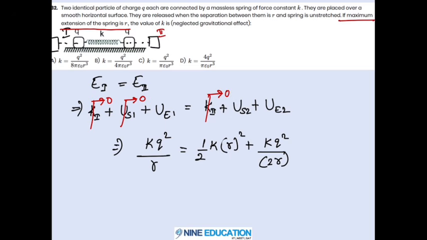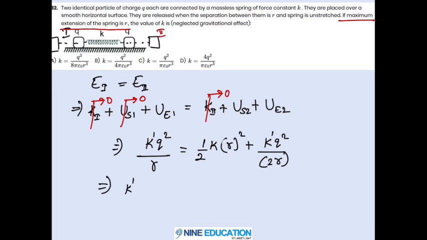So solve this, and you may be getting confused between the k's. These are not the same k. This k is 1 by 4 pi epsilon naught, and this k is the spring constant, and again this is 1 by 4 pi epsilon naught. So to keep them distinguished, I'll put k dash, k dash. Okay, so don't be confused.